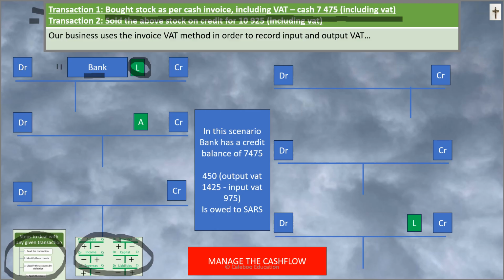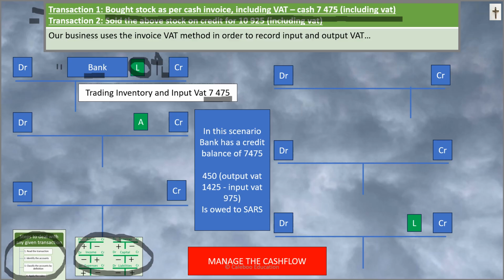But now we've gone and used this overdraft facility and we've bought stock cash, 7,475. So our bank balance will decrease, or our liability will increase.